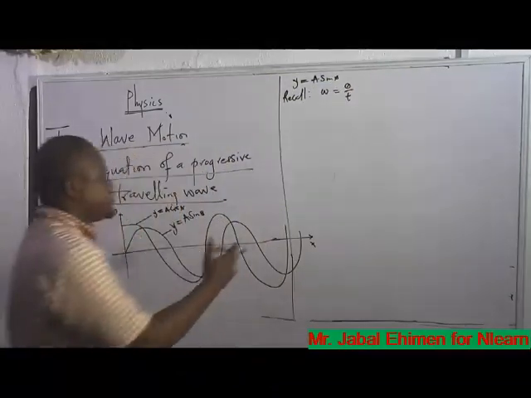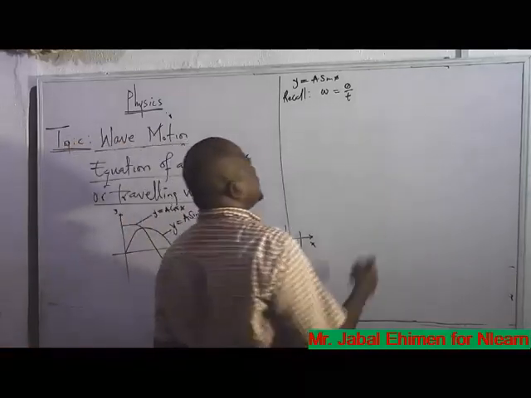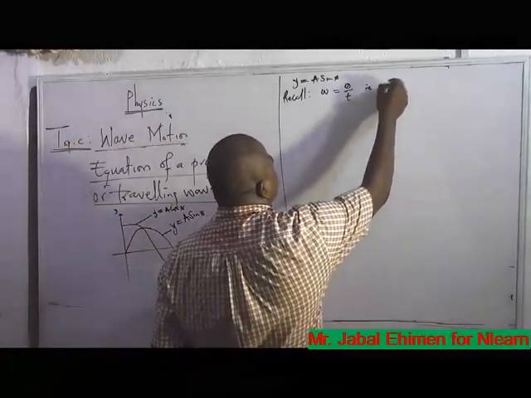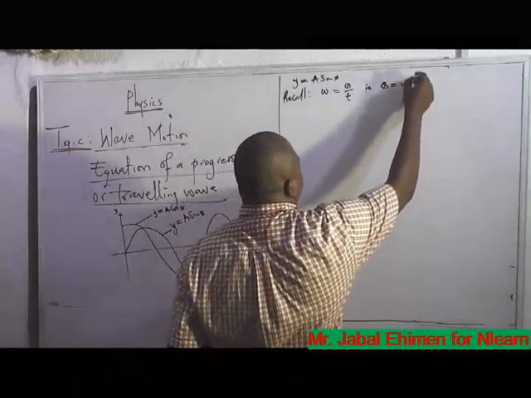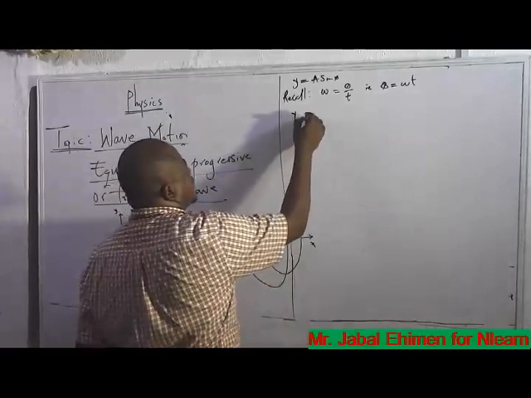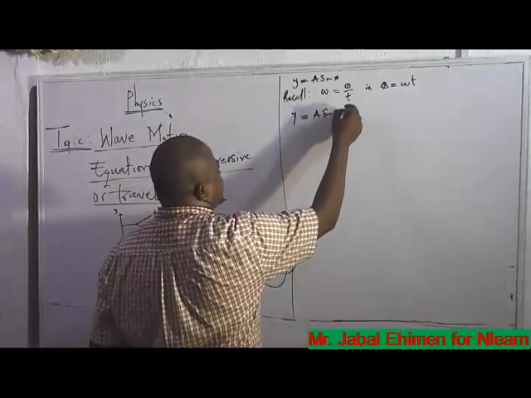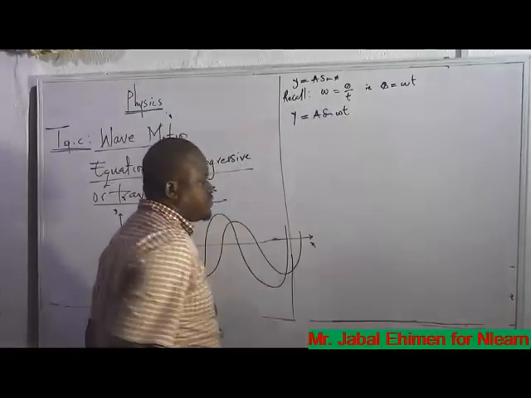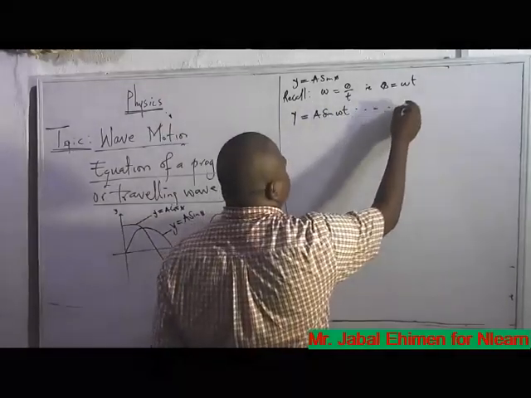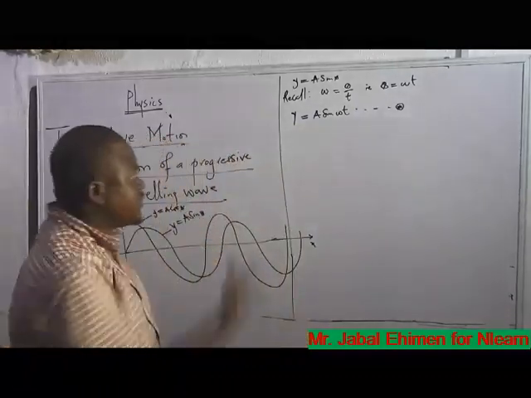This is for a progressive wave, a traveling wave. Now, if that is theta over t, what it means is that theta is angular velocity times t. So I can put something like this here to become Y is equals to A sine Wt, which is angular velocity t. Now, this is one statement. And it's possible for me to progress with these two.